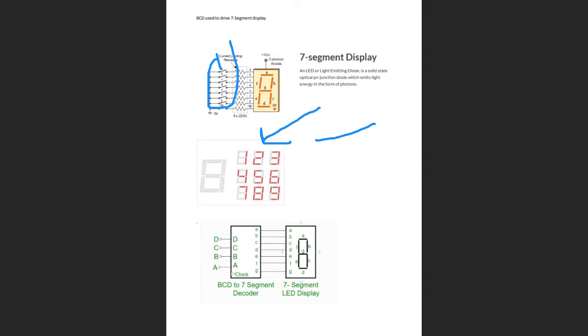The way you do that is by putting the number in over here in BCD, and this thing right here is the BCD to seven-segment display driver, or decoder. Depending on what number I put in over here, it's going to light up 0 through 9 over there.